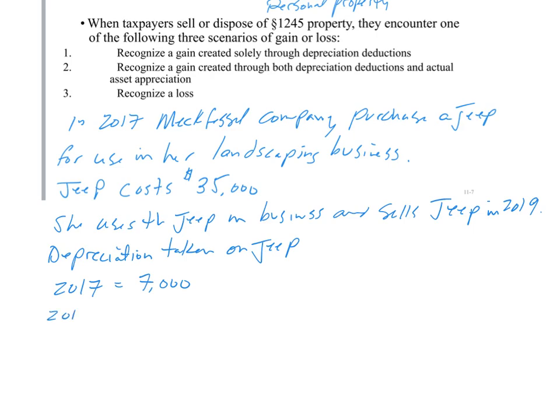Her depreciation in 2018 would be $11,200. And then in 2019, remember this is going to be half-year property. And so her depreciation in 2019, the year she sells the Jeep, is $3,360.